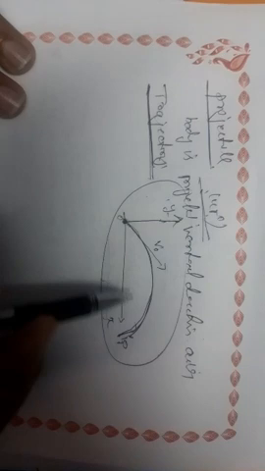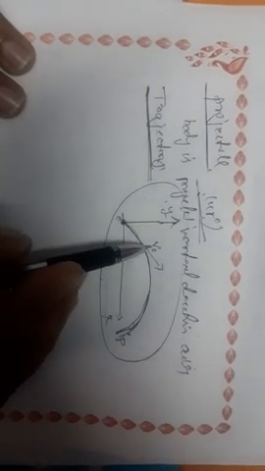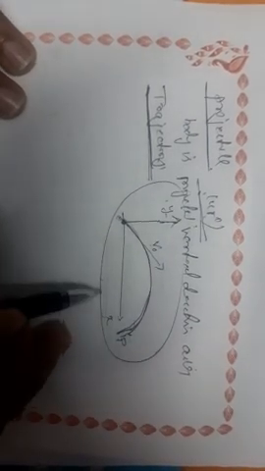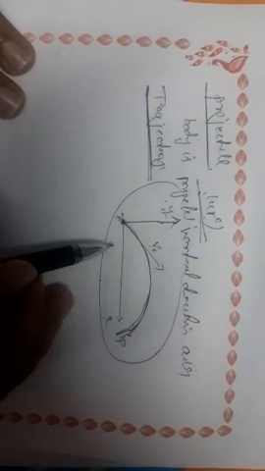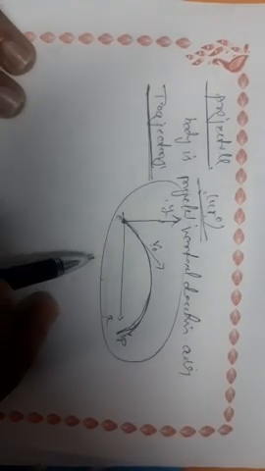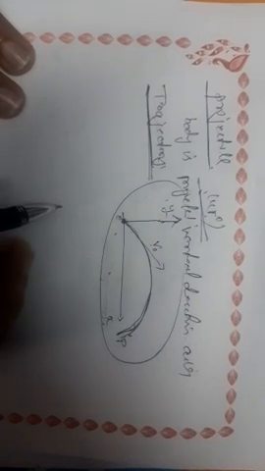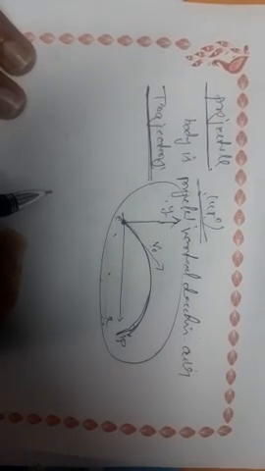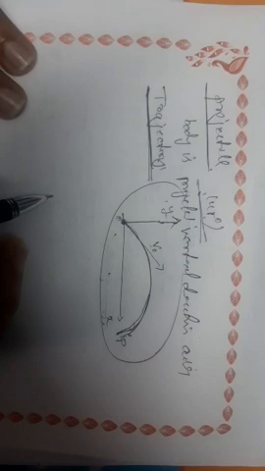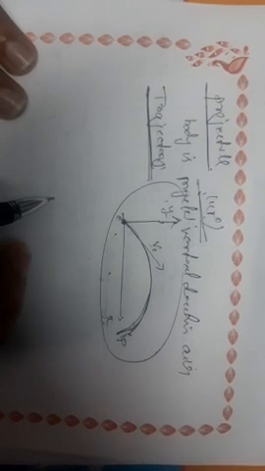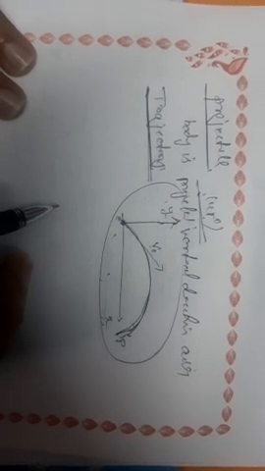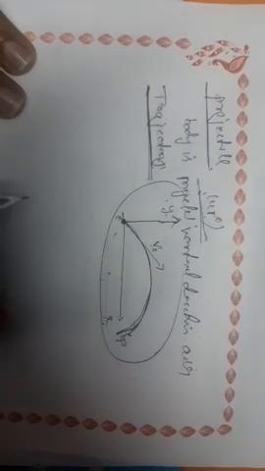That is the diagram, the representation of a projectile. The initial velocity is v naught, with the vertical component along the y axis and the horizontal component along the x direction. Any particle that is projected has an initial speed called v naught.